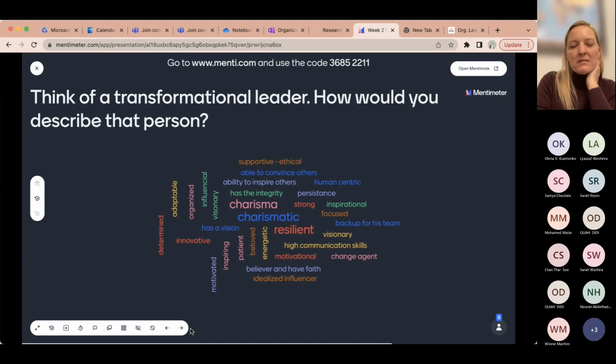Okay, so this is an excellent representation of our transformational leaders, whether it's someone who we've physically touched in our world, that close to us, or someone who we just have the greatest admiration for. These characteristics that we see in front of us, these descriptions, are elements that you have to decide when you're making leadership choices as a leader.